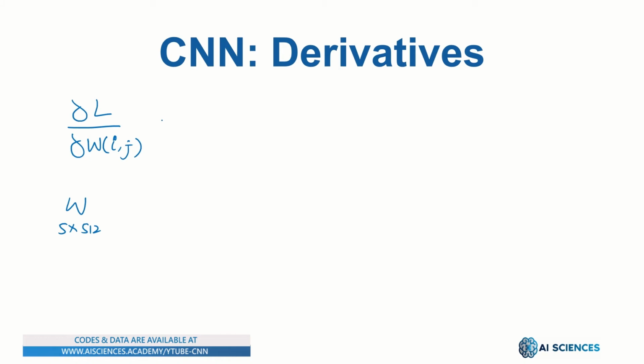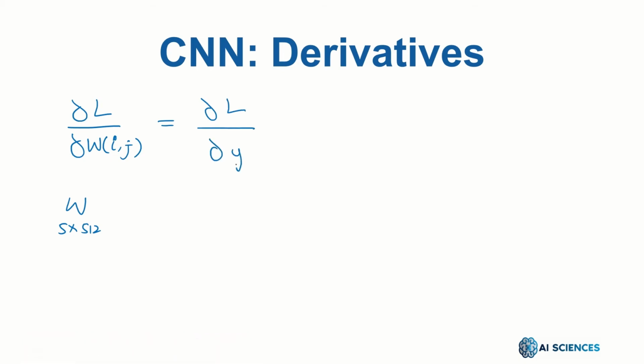By the chain rule, that is the derivative of the loss with respect to the ith logistic unit in the softmax layer, times the impact that this particular parameter generates on this y hat. And this is really simple.